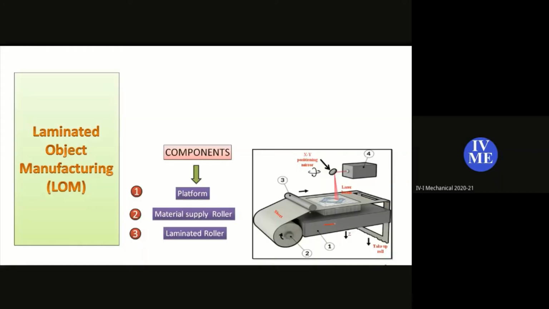This is the platform, and the second one is the material supply roller, which supplies the sheet. This is the material supply roller.